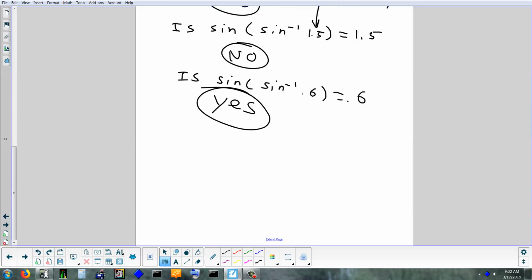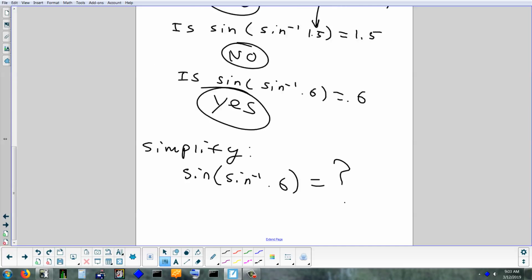The other way I could word it is I could say simplify, and I'll use the same problem we just did. The sine of the inverse sine of 0.6. I want to know what that would simplify to. If the question says simplify, don't write yes.